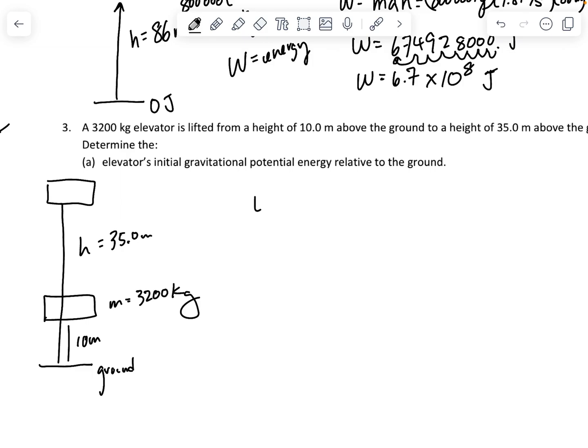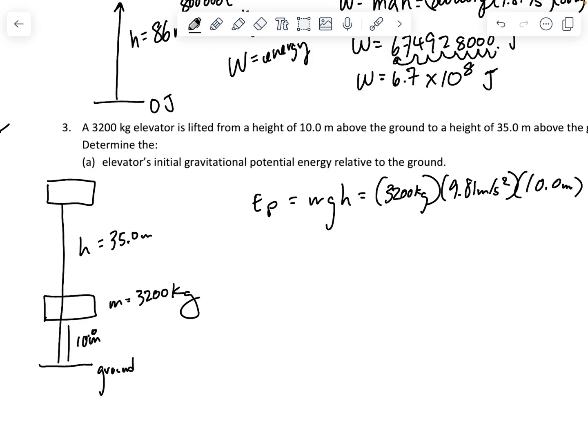So the potential energy at 10 meters is going to be mgh, so the mass of 3,200 kilograms times 9.81 meters per second squared times 10.0 meters, it had 3 sig digs.